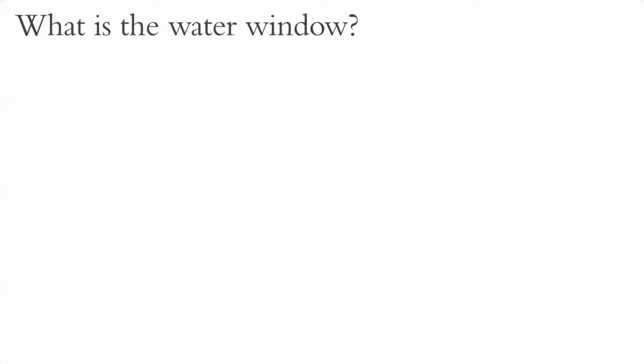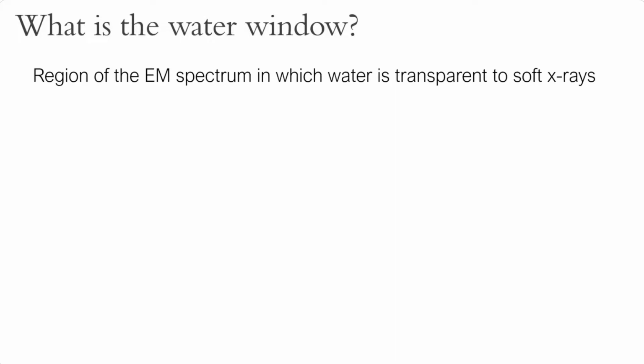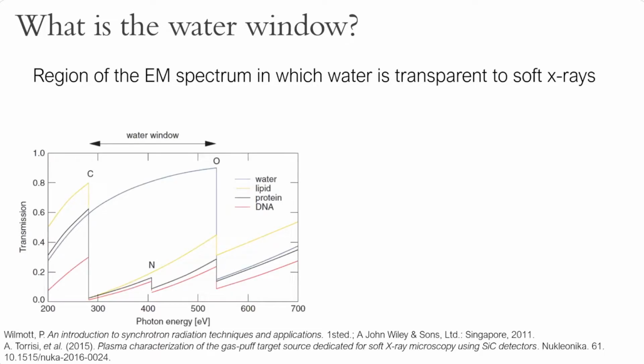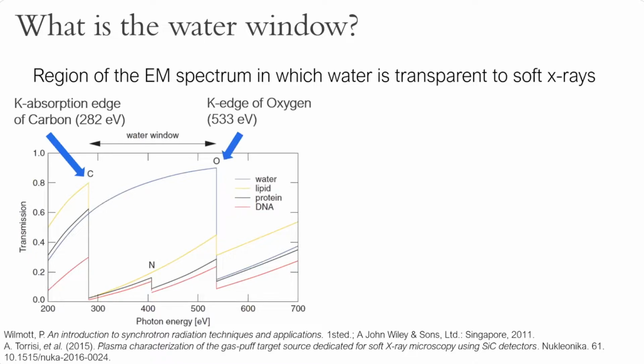So first off, what is the water window? Well, the water window is a region of the electromagnetic spectrum in which water is transparent to soft X-rays, or at least partially transparent. And this extends from approximately the K absorption edge of carbon at 282 eV to the K edge of oxygen at 533 eV.